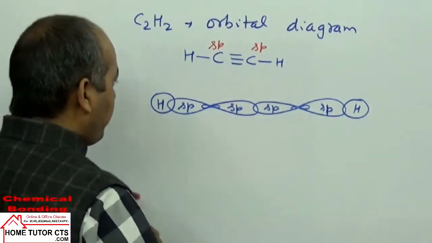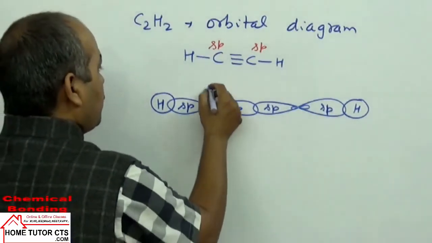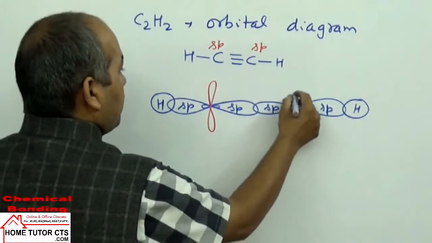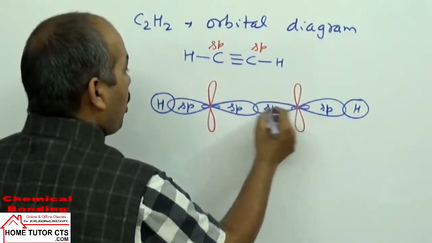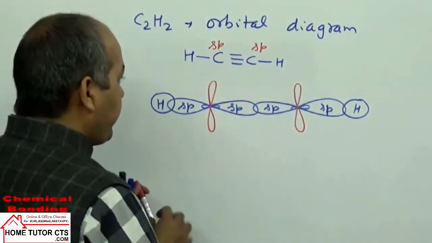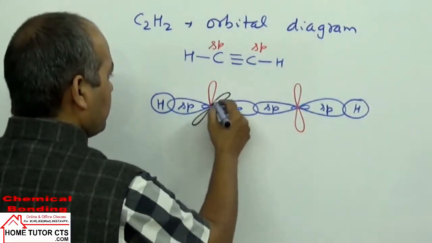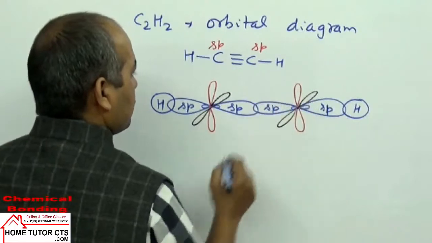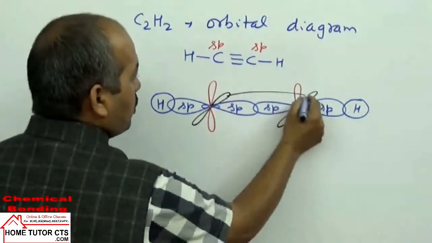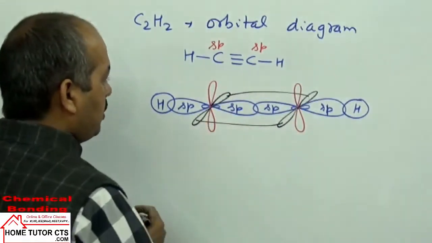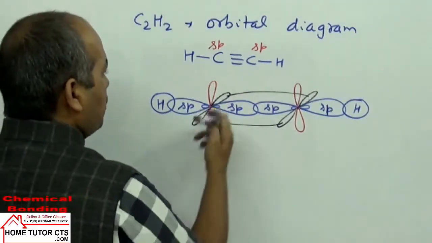Then they will have two mutually perpendicular p orbitals which are unhybridized. So they will form two pi bonds, one this pi bond, and second this pi bond.